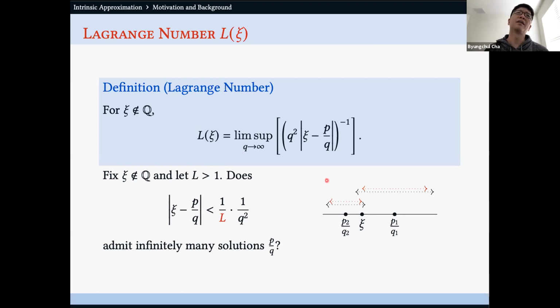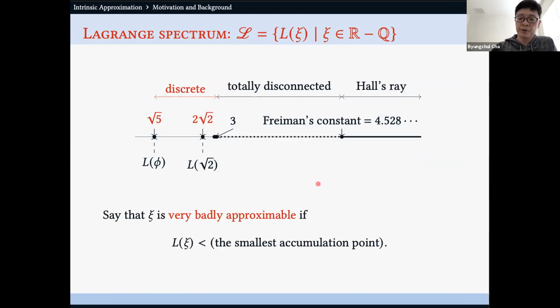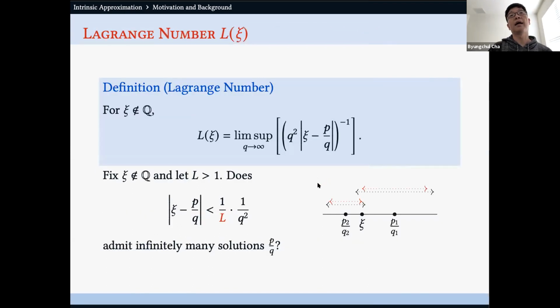But basically, the definition I will use here is that I multiply the distance with the height factor, and then take a limsup of that. Well, I take the reciprocal of that, and then I take the limsup. This is a familiar definition, but it took a long time for me to wrap my head around this concept of Lagrange numbers.